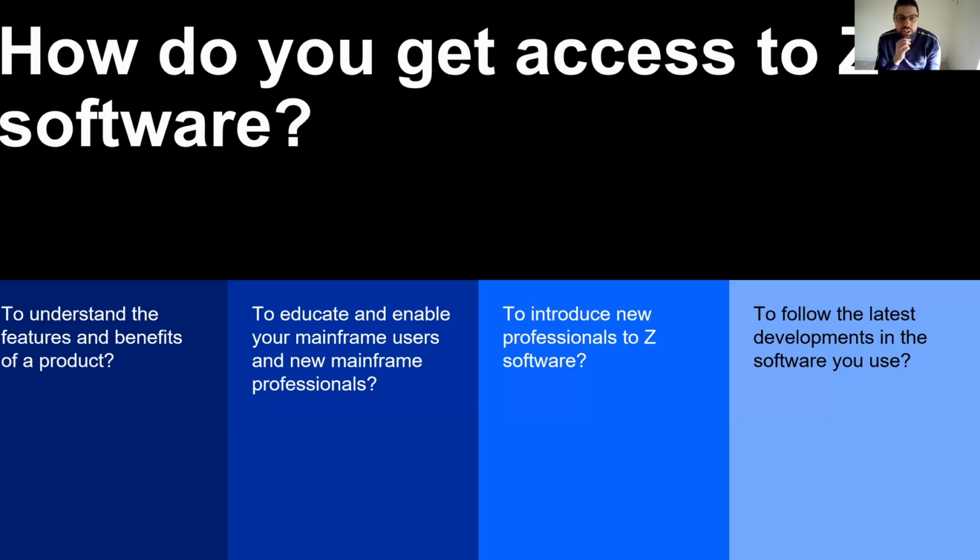To start with, there's a bit of a question, which is how did people get access to Z software? When I joined IBM, about 8 years ago, the first thing my manager did was hand me a little key for a ZD&T and tell me to go and install it and try and stand up a kit region, which was an interesting challenge, given that I hadn't had any exposure to z/OS before.